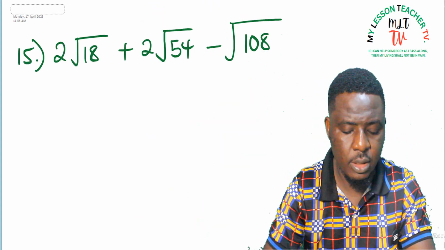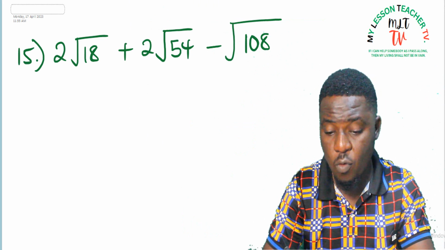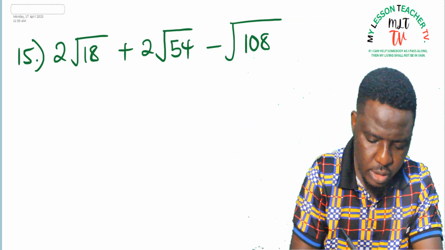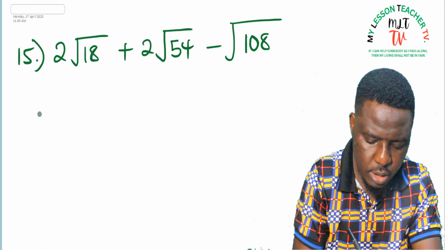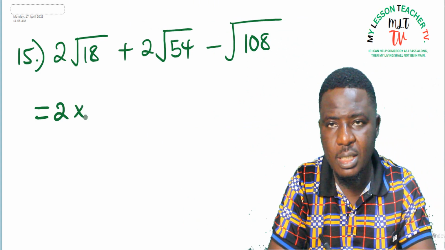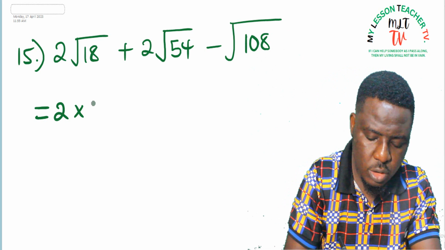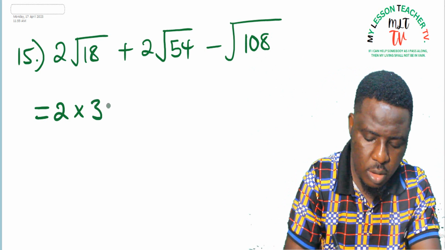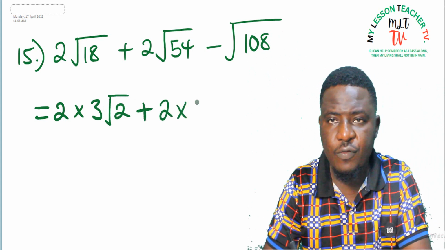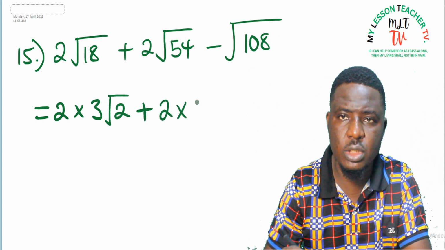Example 15, we have 2 root 18 plus 2 root 54, minus root 108. So this can be simplified. 2 times root 18 can be said to be root 9 times root 3, and that gives us 3 root 2. Plus root 54 can be expressed as root 9 times root 6.